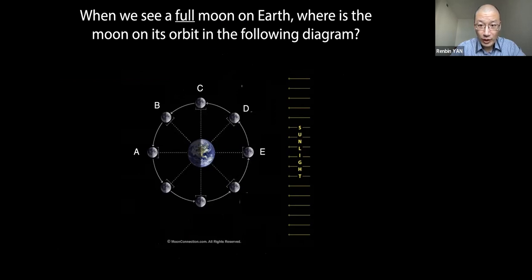So when we see a full moon on Earth, where is the moon on its orbit in the following diagram? A, B, C, D, or E? I'm going to start this poll again. See if you have understood what I'm talking about.